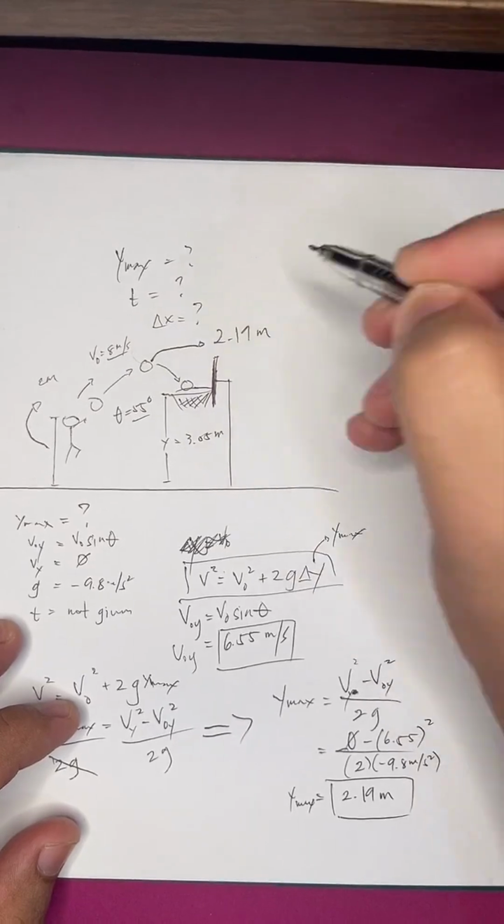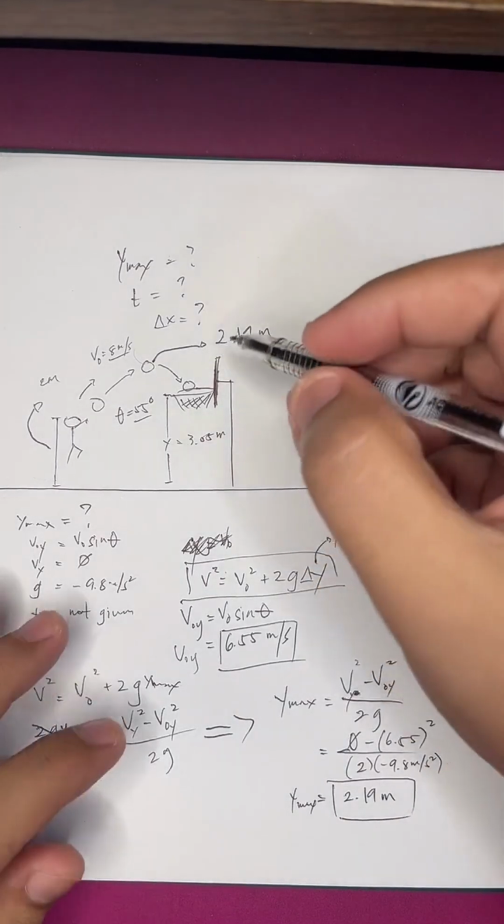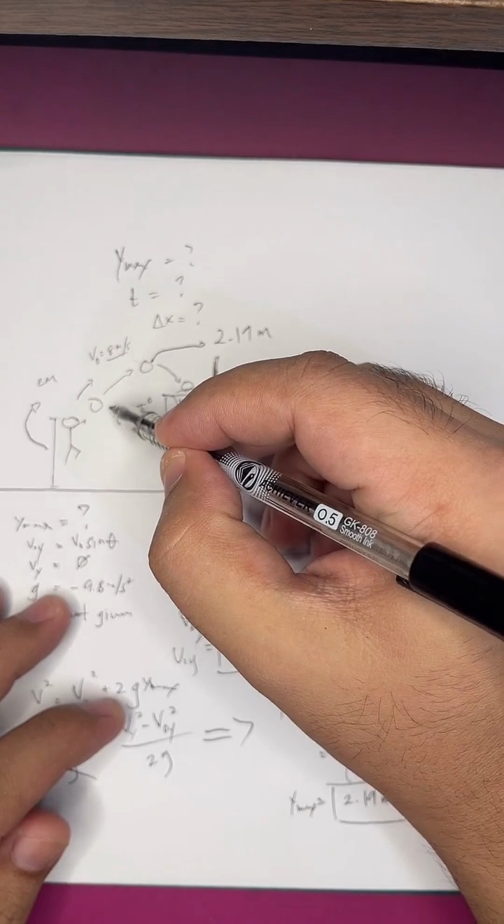It is 2.19 meters. Now, it's essential for us to know that, since the ball was launched at a height, at an angle, 2.19 is actually not the maximum height.